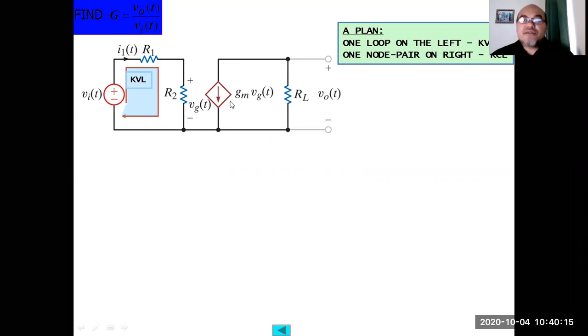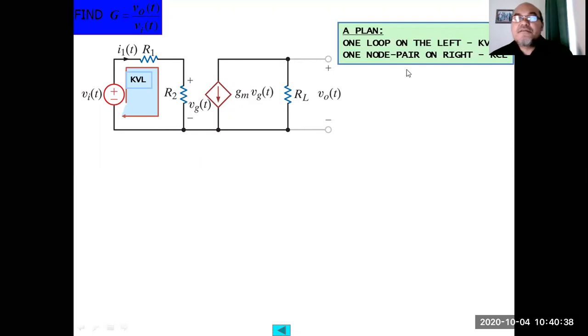Then the current source on the right side is a voltage dependent current source whose value depends on the value of VG, and it is expressed as GM. GM is the multiplication factor multiplied by VG, the voltage at the R2.